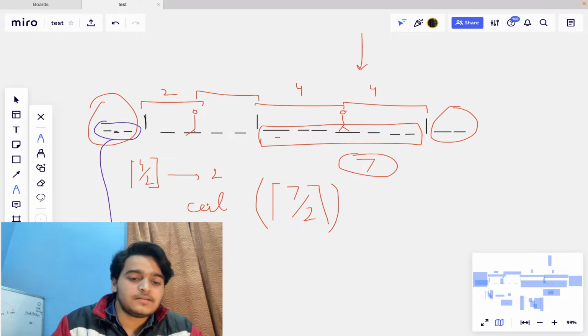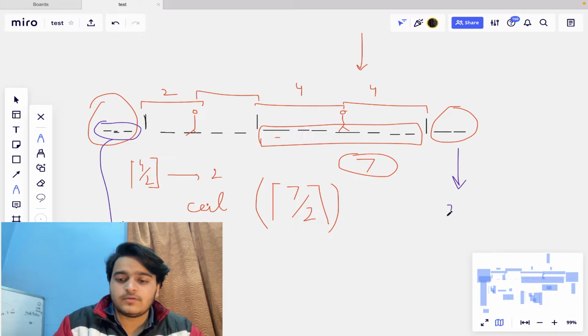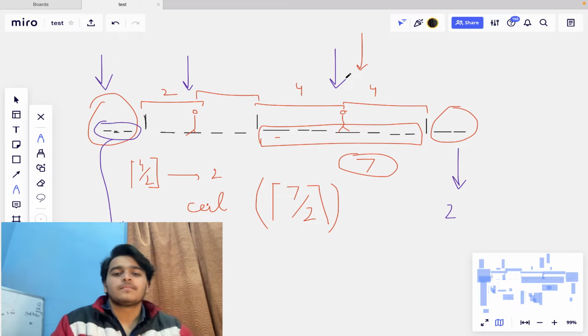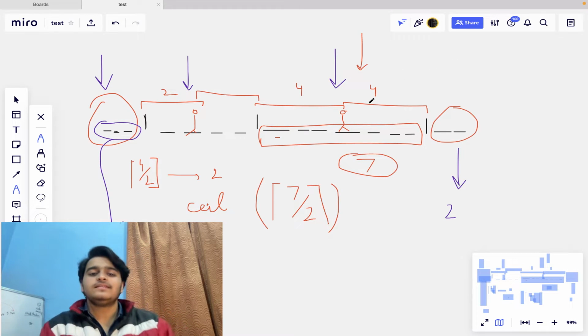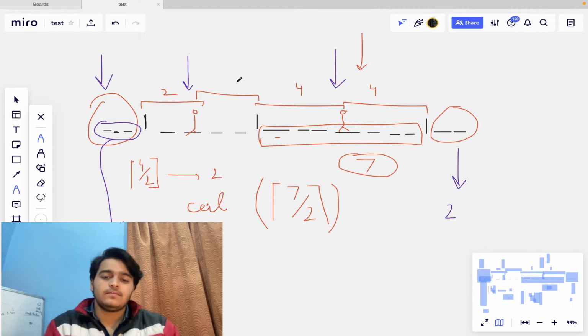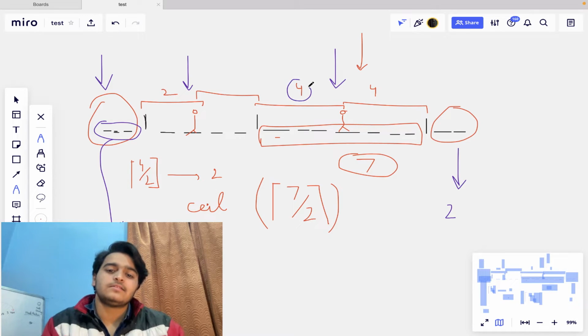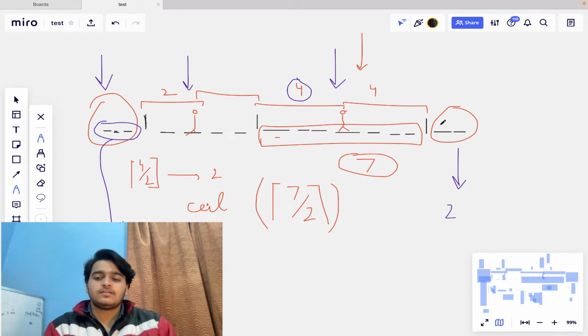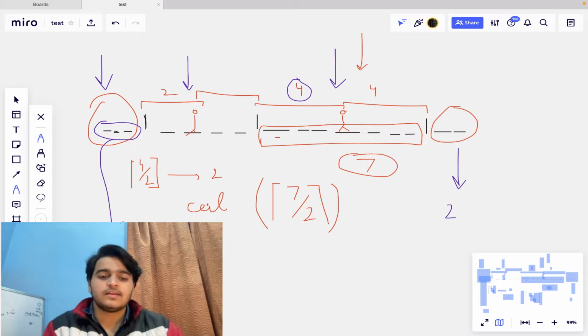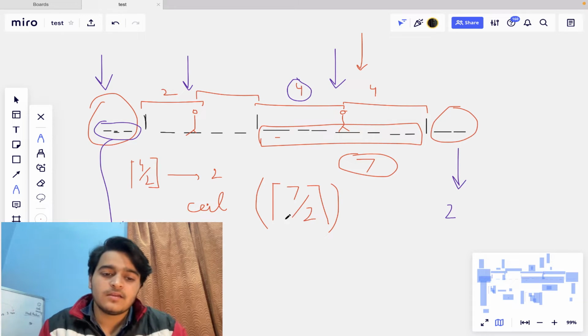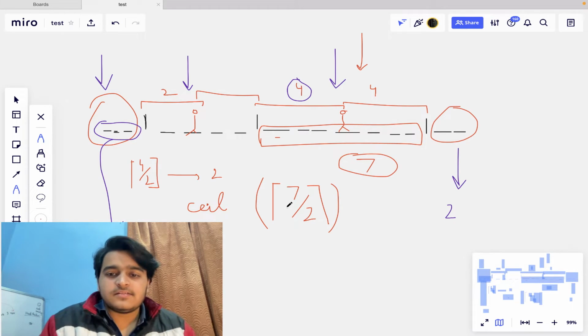So if 3 are present, I'll take 3 here, and if 2 are present, I'll take 2 here. For each gap, the final answer will be the maximum out of everything, because we will only sit in those places where we get the maximum answer and ignore the rest. So at the end we just take the max out of everything.